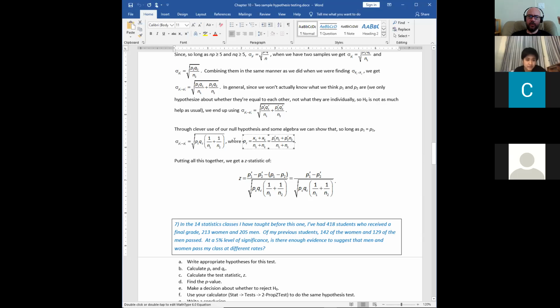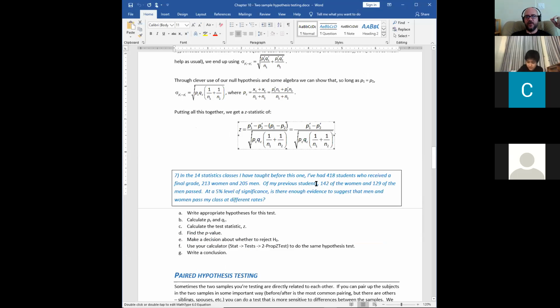So you end up with this being your standard deviation, that's the thing in the denominator here. And then the numerator is just the difference between them. Now, that's if you want to do it all by hand. If you want to do it on the calculator, it's very easy, actually.